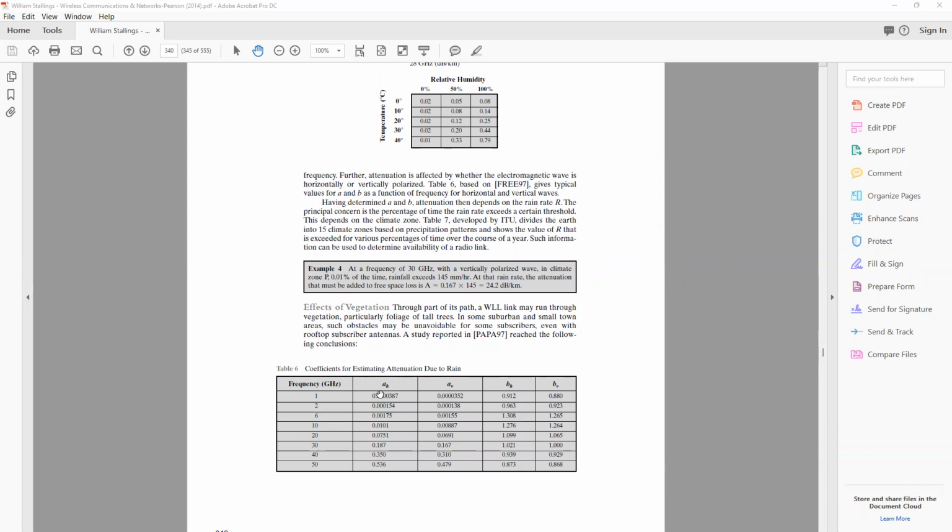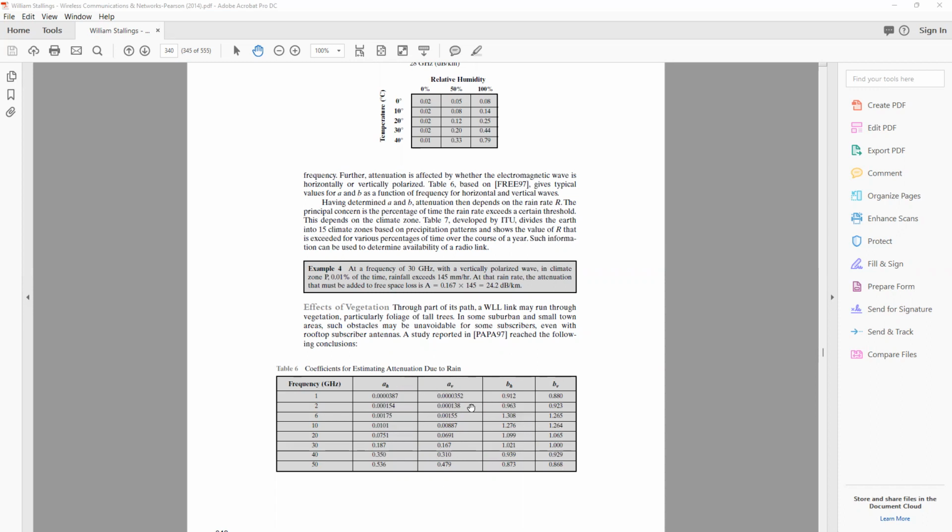For a particular frequency, the horizontal and vertical components of A and B are given here. Since the question says we use vertical polarization, we'll be using the AV and BV columns as our coefficients for A and B.